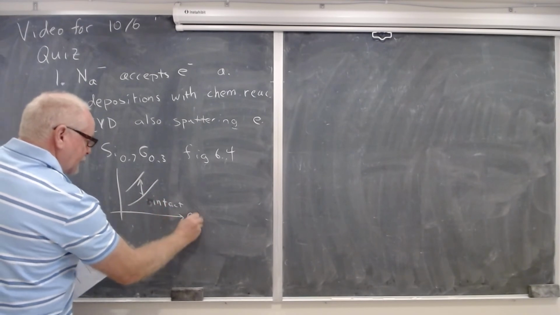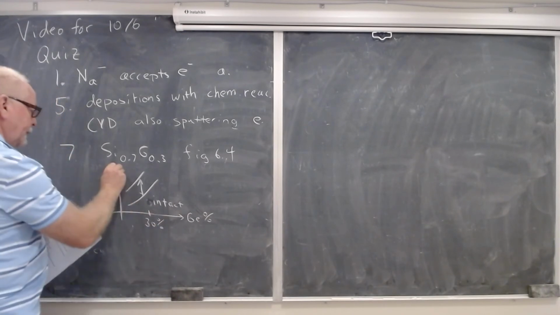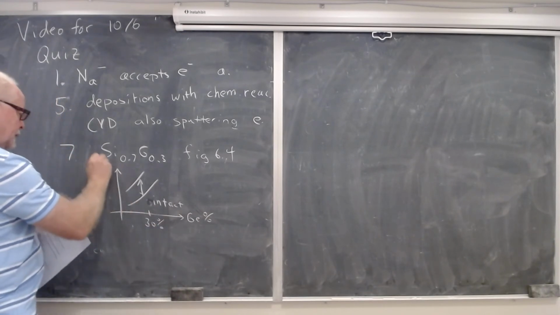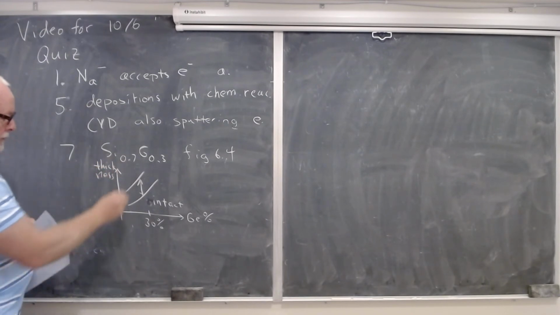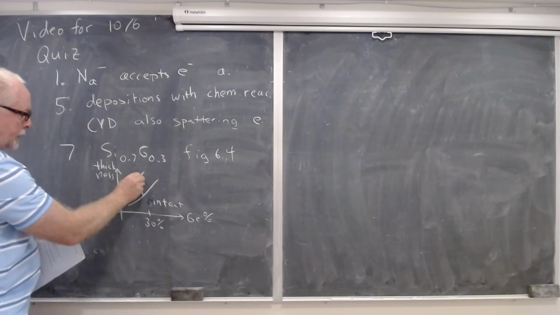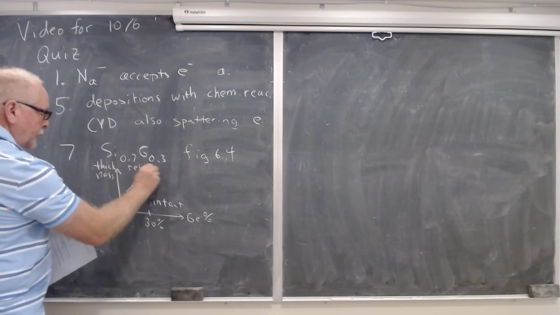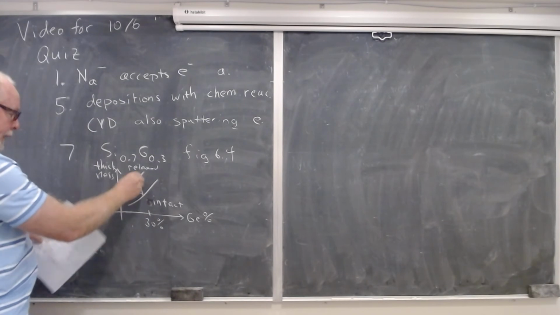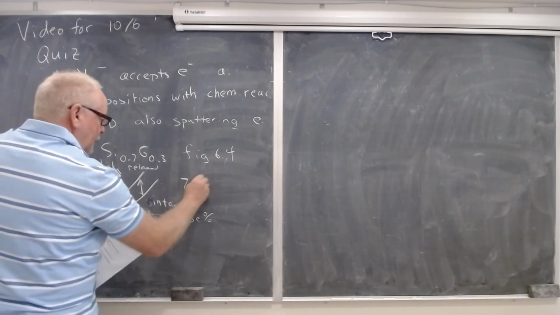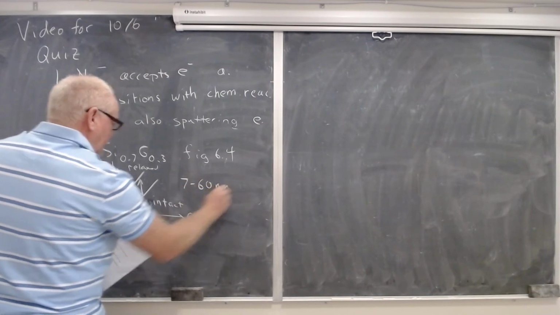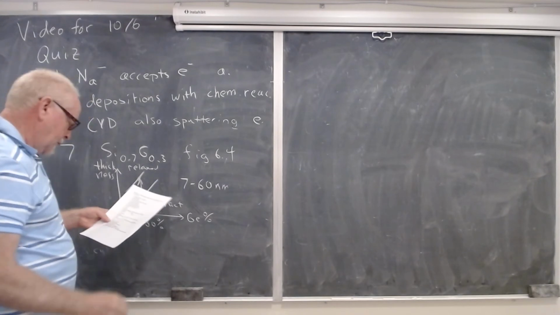This is germanium percentage, and we're here at 30%, and this is thickness. There are 2 lines there, and above this it's relaxed, meaning broken, and below that it's intact. So you were supposed to put down 7 to 60 nanometers, from there to there. So the answer was B.